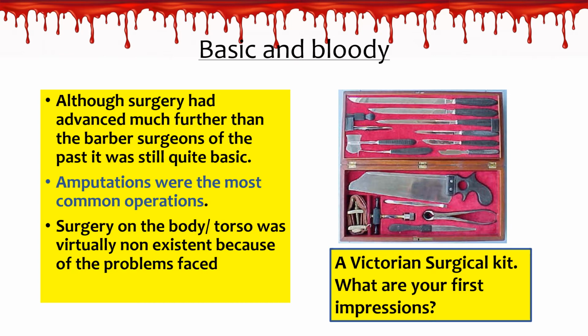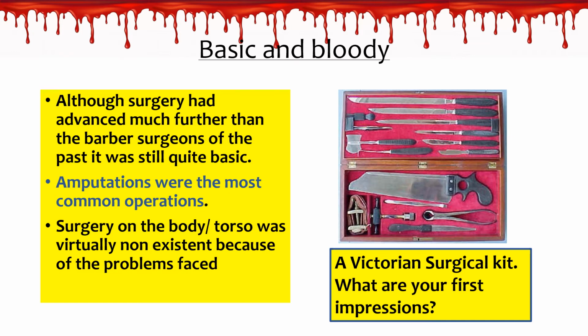If you want to flip back to that previous slide, that might be quite useful in a few minutes. But you can see on there you've got a table for someone to be operated on, you've got the tools, you've got a bloody apron in the background, you've got a sink for someone to wash their hands, you've got various buckets and things on the floor to collect blood and any other bits that they chop off during the operation. And then you've got a cupboard at the back that looks like it's got some herbs and things like that on there.